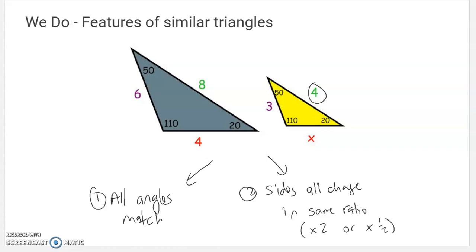So this side and this side are twice as big or half as big. This side and this side would be twice as big or half as big. This side and this side twice as big or half as big. That's a feature of similar triangles too. Whatever their size difference is, it's the same ratio on all the sides. So that's what the features of similar triangles are. That's the math behind what makes triangles similar.